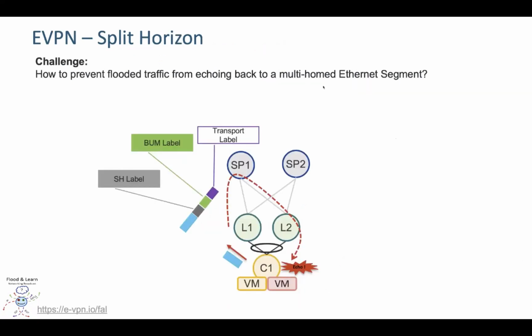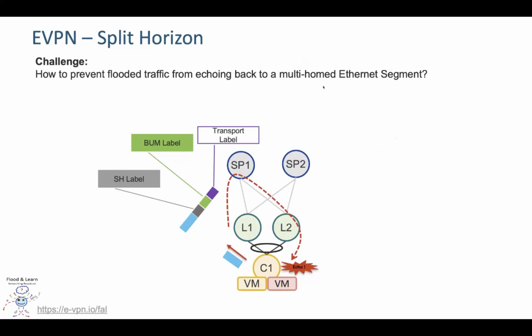Now we didn't cover the part where L2 also receives this broadcast, unknown unicast, and multicast traffic, right? So basically L1 will flood it over the core, L2 will receive it, and now L2 would forward it back to the access.